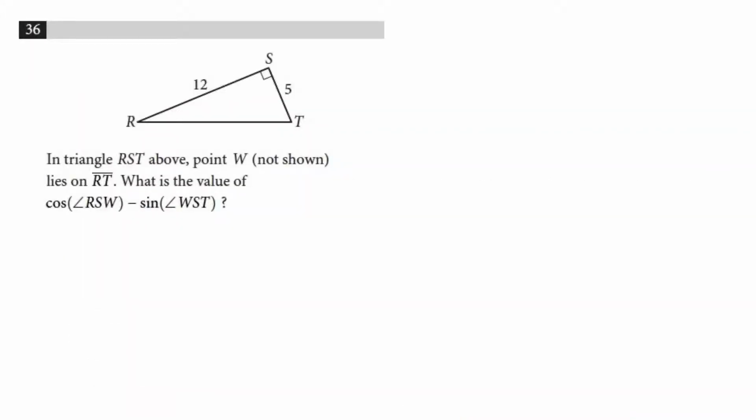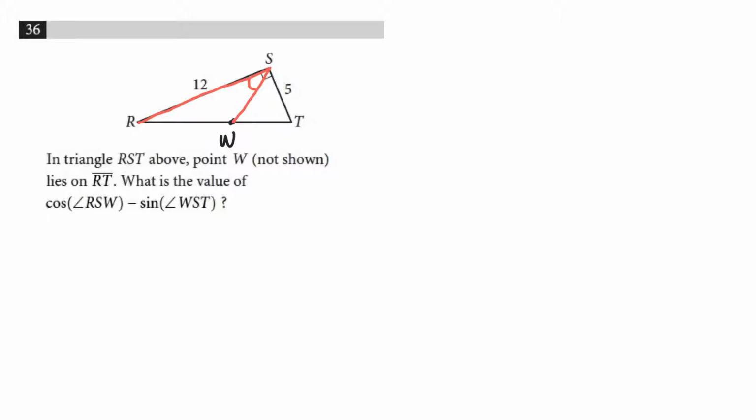Number 36. In the triangle RST above, point W, not shown, lies on RT. What is the value of cosine of angle RSW minus sine of angle WST? Okay, so let's set this up. Got a point somewhere here on RT, and we have RSW, that's going to be that angle.